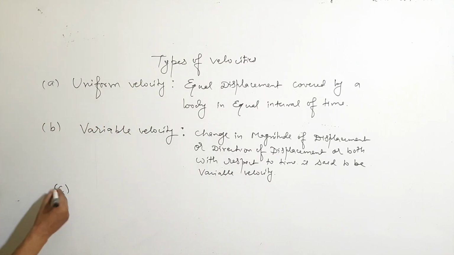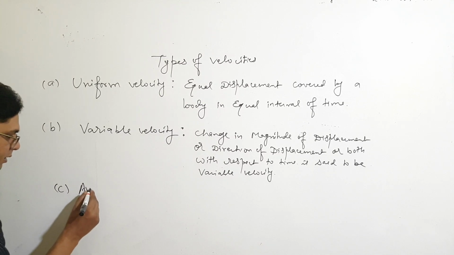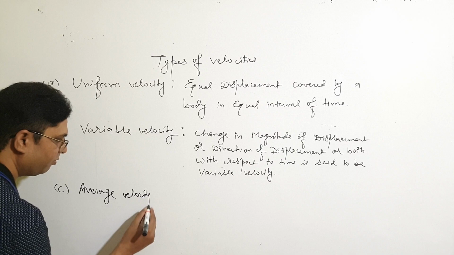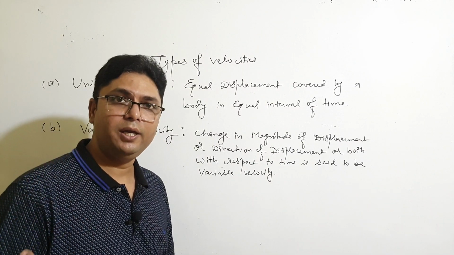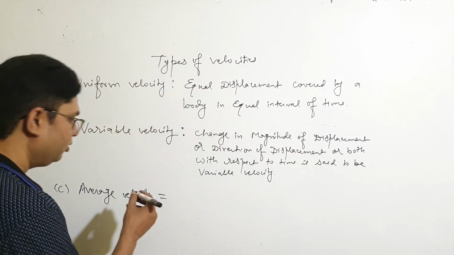Now you talk about number third, that is average velocity. This is total displacement covered by a body divided by total time taken to cover the distance.